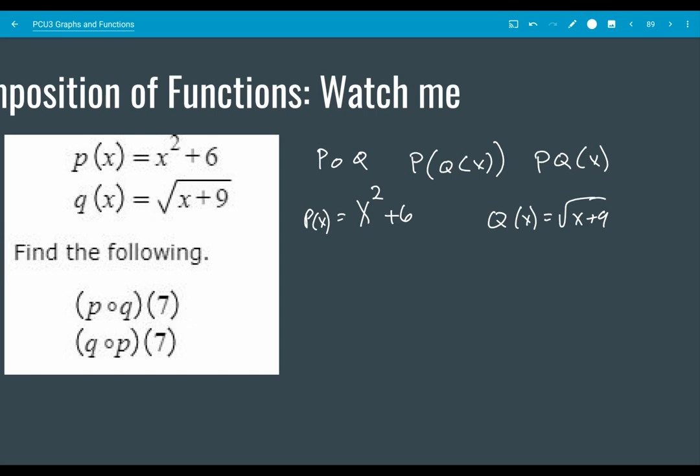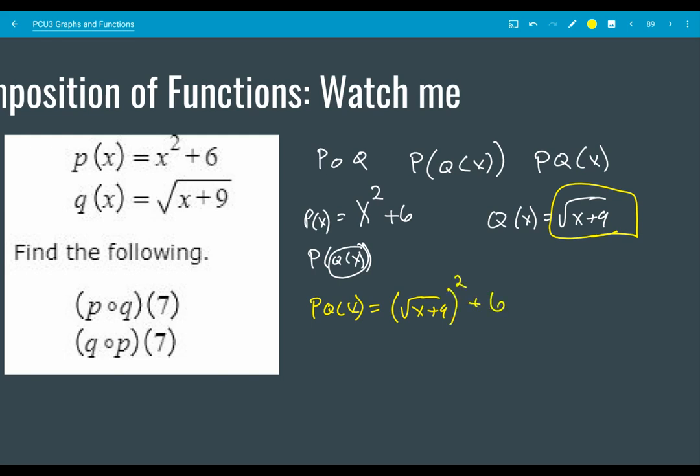So P of Q of x means take Q and put it into P. Everywhere we see an x in P, we're going to replace it with the square root of x plus 9. So PQ of x becomes the square root of x plus 9, squared, plus 6.